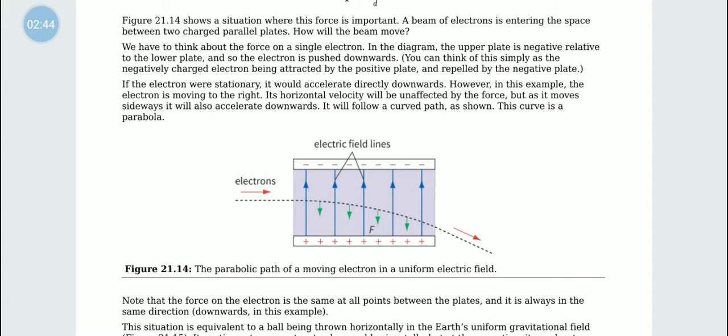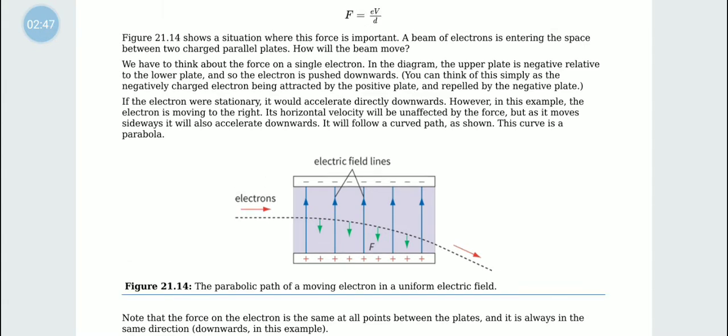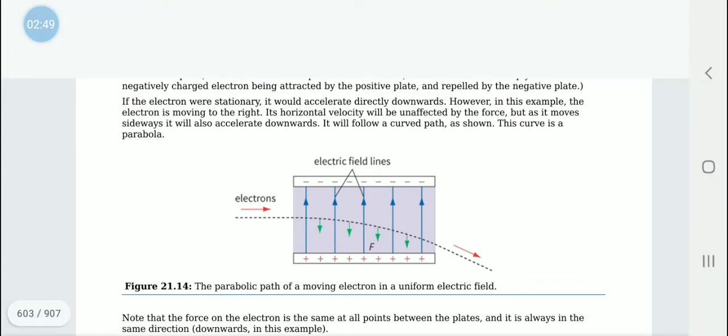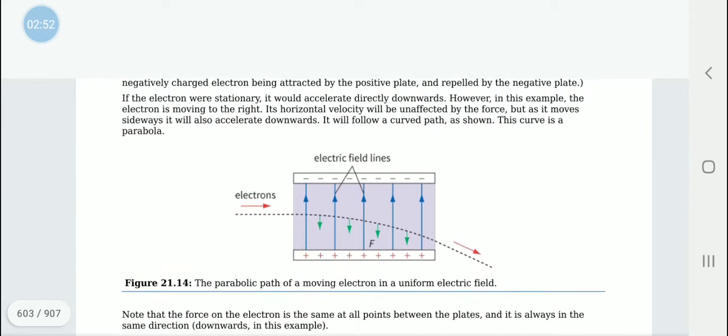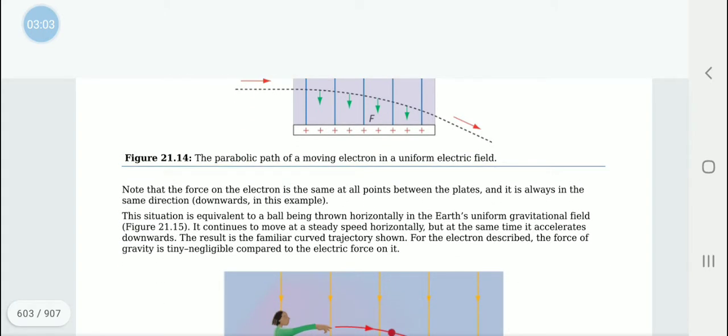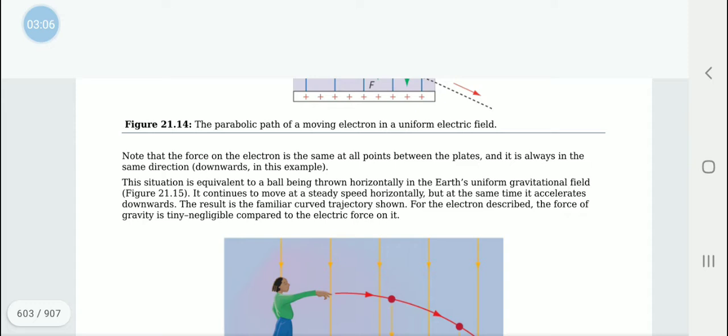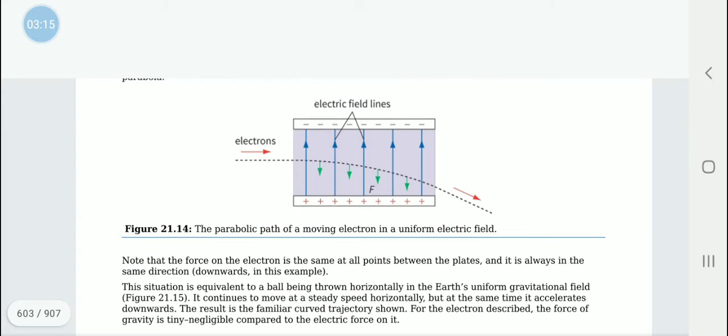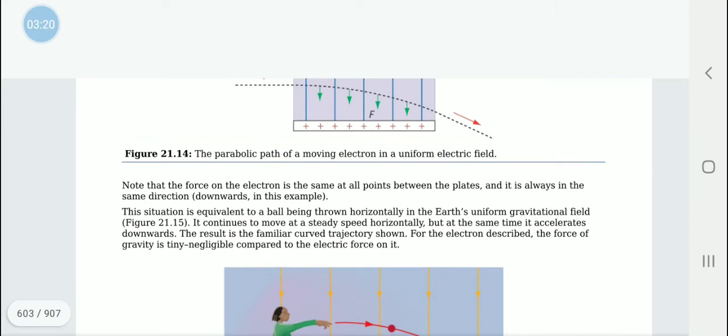If the electron was stationary, what would happen? It would come directly down. But here, because it is not stationary, it is traveling between these plates, so it travels in a parabola. Then we have to figure out what these charges are and what kind of force is acting on it, because at each point in this field the same force acts on it, and it is pulled down in the same way.